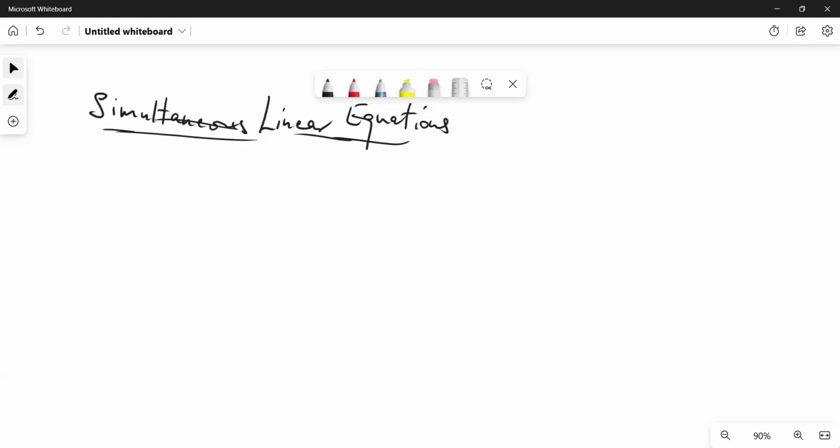So what we're going to look at tonight is simultaneous linear equations. We dealt with simple linear equations already.